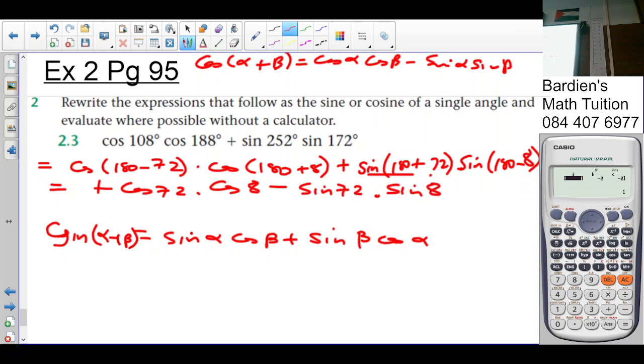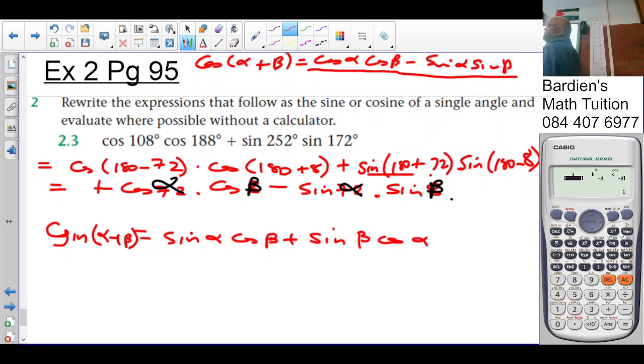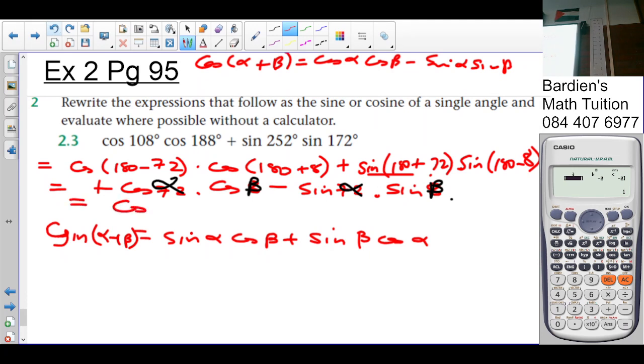So this is what you should be seeing: cos alpha sine beta, sine alpha cos beta. So where do you see that? Cos alpha cos beta minus sine alpha sine beta. Can you see that? This is the one. So we go, this can be written as cos of alpha plus beta.